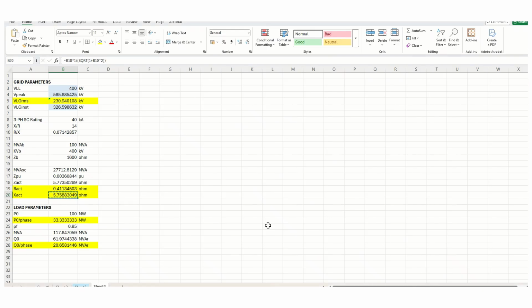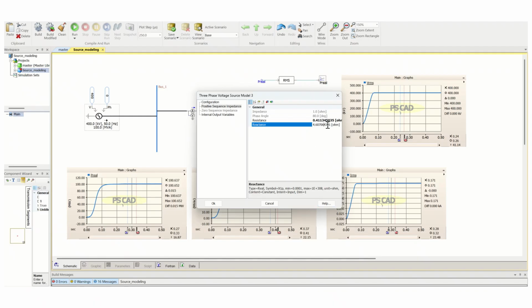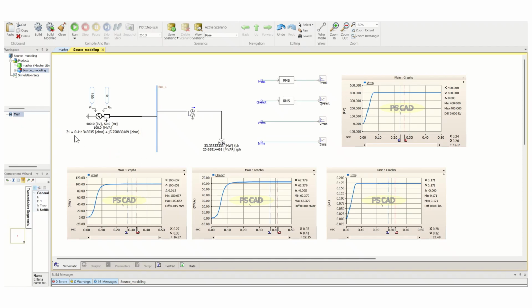This is X, meaning the reactance value, and we are done. So for the positive sequence impedance, you can see now Z1 equals R1 plus jX1. Now quickly run this simulation and we will check the voltage, real power, reactive power and the currents.